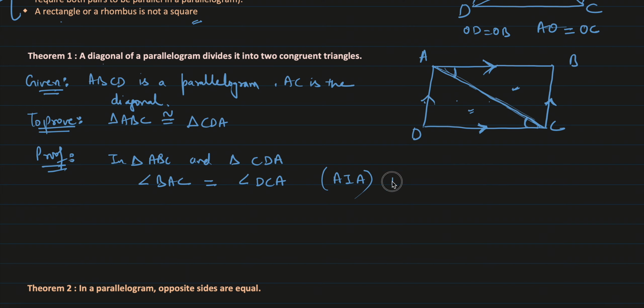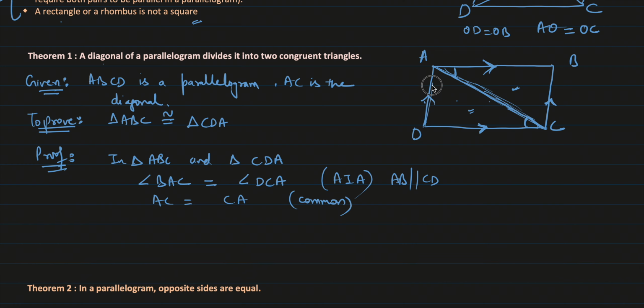For which lines? AB parallel to CD, with AC as transversal. Now AC equals CA, a common side in both the triangles.